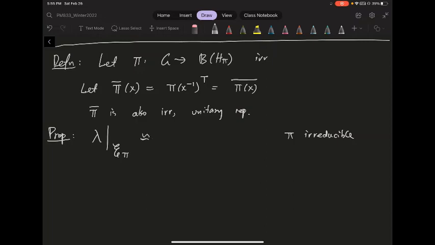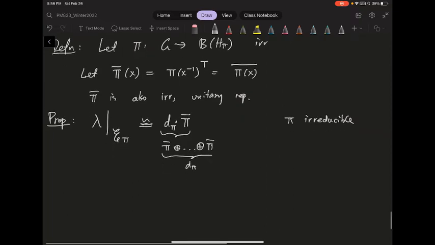This is going to be unitarily equivalent to a bunch of pi bar, exactly d pi copies of pi bar, that is, a direct sum of d pi copies.